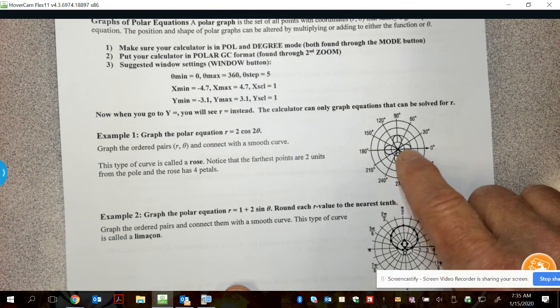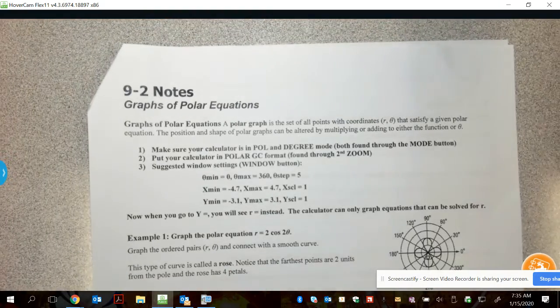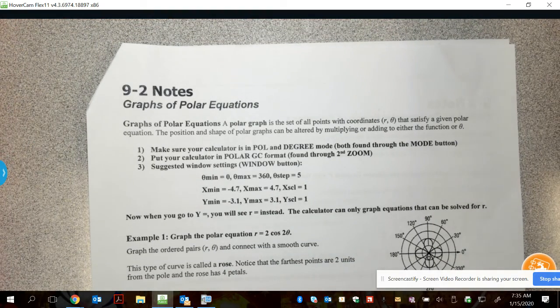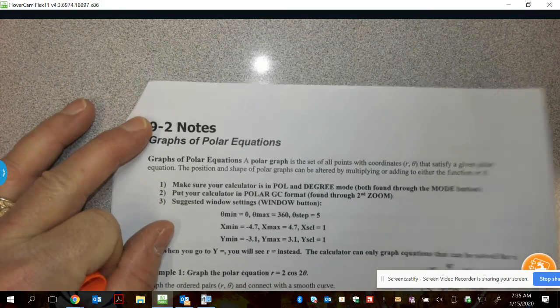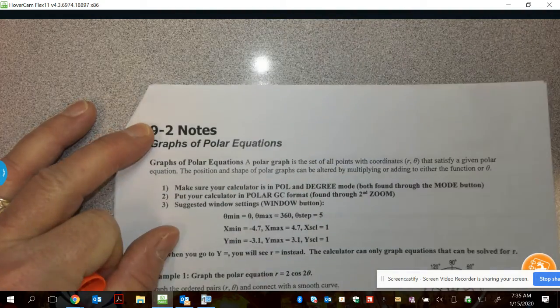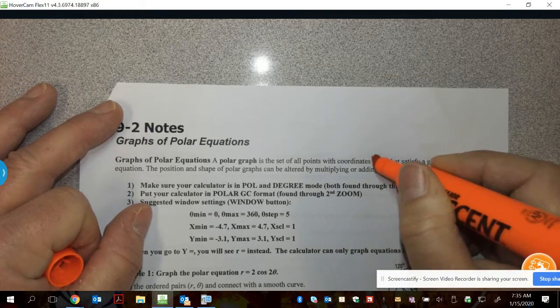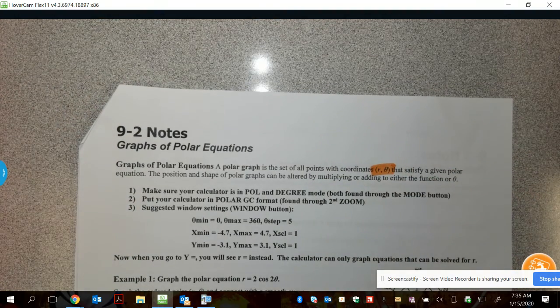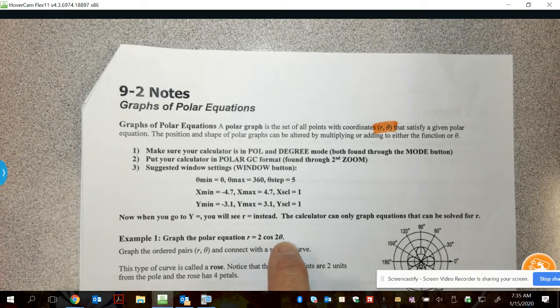Do you look at this? Is that the R? Everybody look at the equation right here, highlight it. Every single equation is this one right here. You're graphing this, and every single time it's going to be some R equal to something with theta.